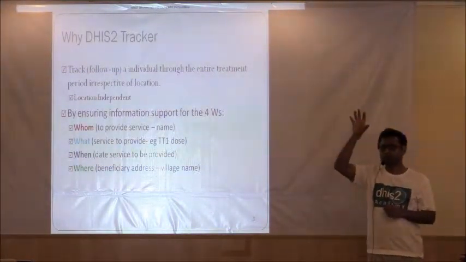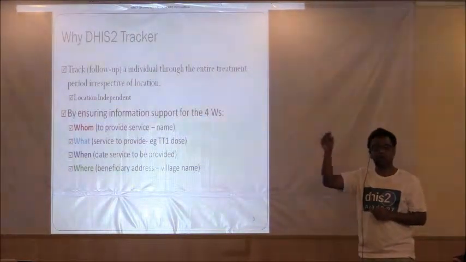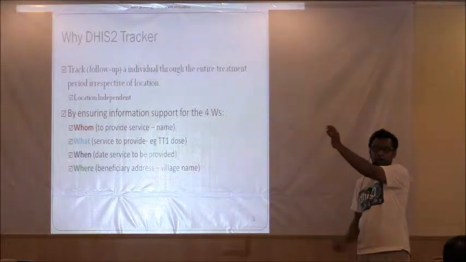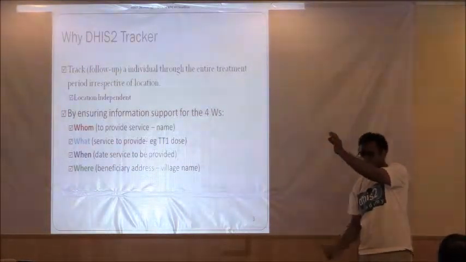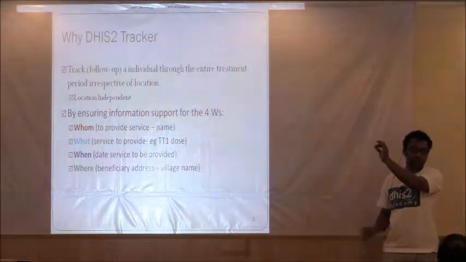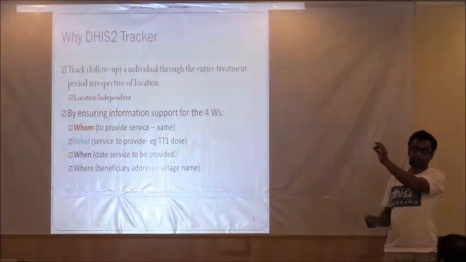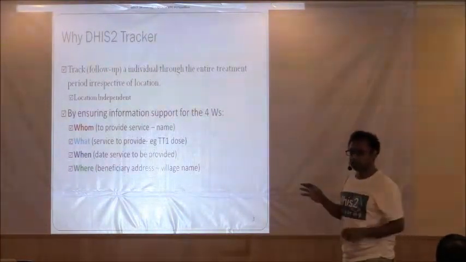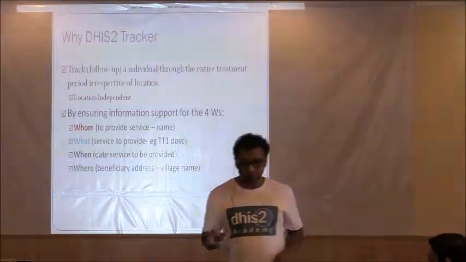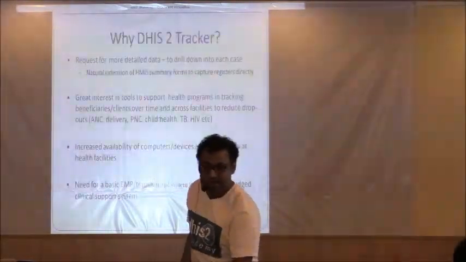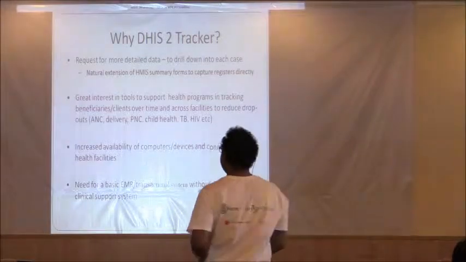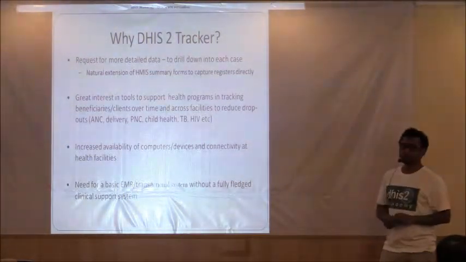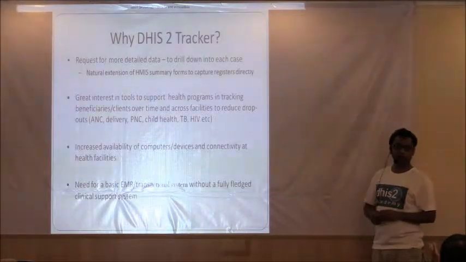That means in the HMIS report, if you have 10 BCG given, then you can link those 10 BCG to names. So these are the different people who have got the BCGs. But there is also a different kind of information. There is also case-based and other things. Request for more detailed data, drill down to more case-based.